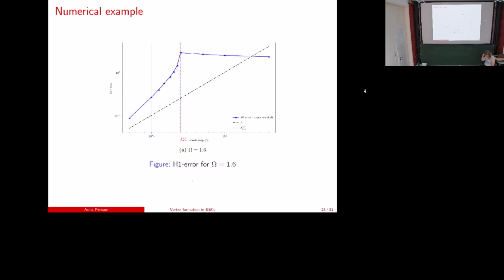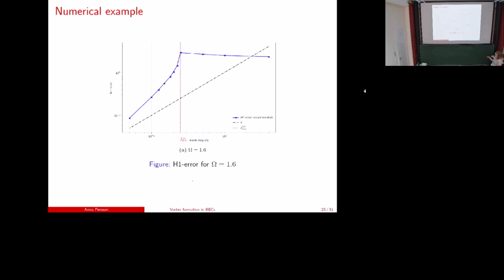But now we can compare the errors. So this is my H1 error, the blue line, and this dotted line here is h, and this is my computed minimal value of lambda to the power 3/2. And as you see, for omega 1.6, this is exactly what you can find.